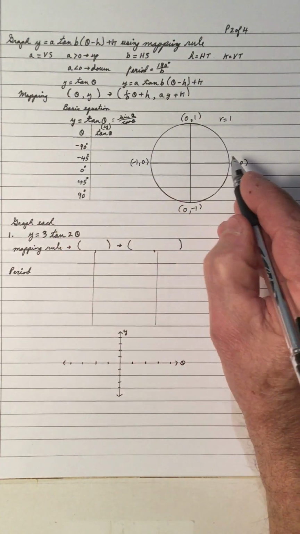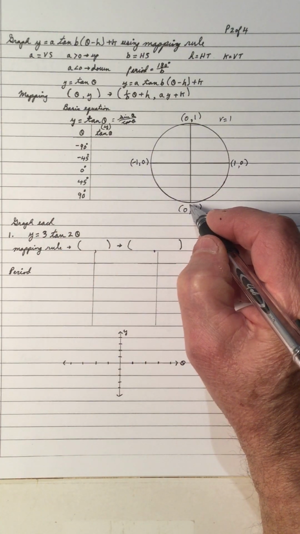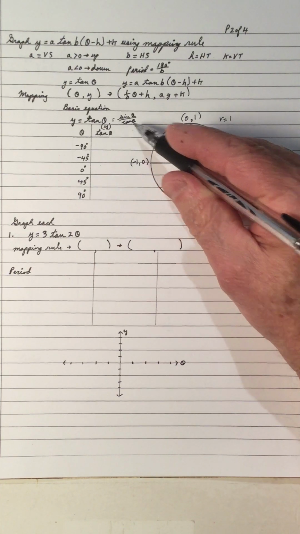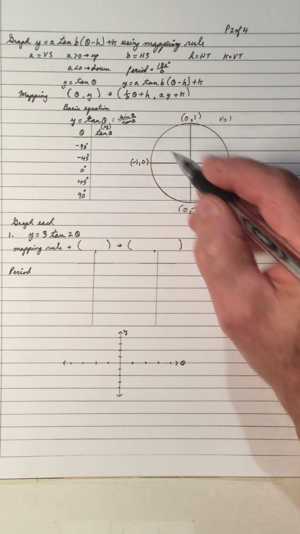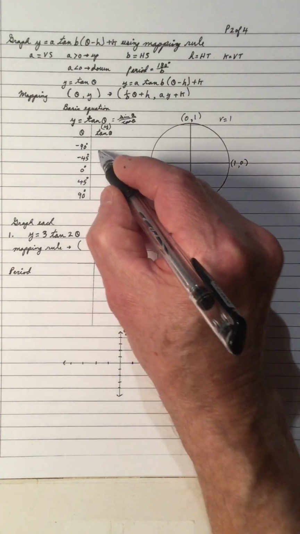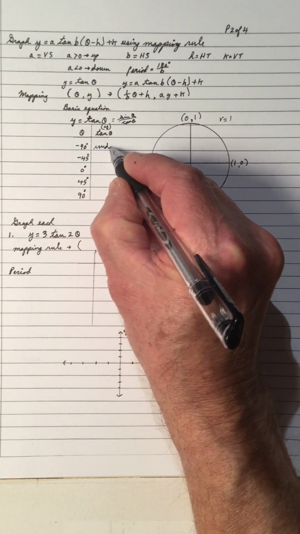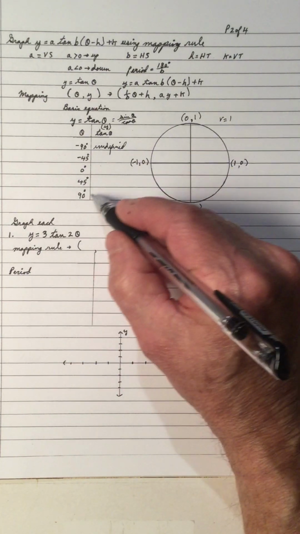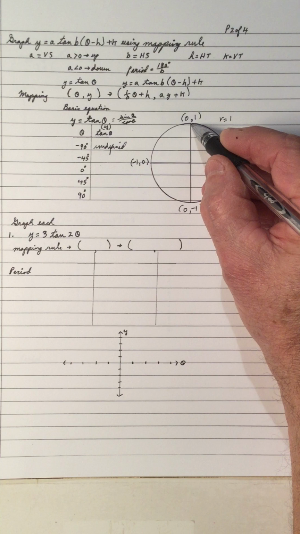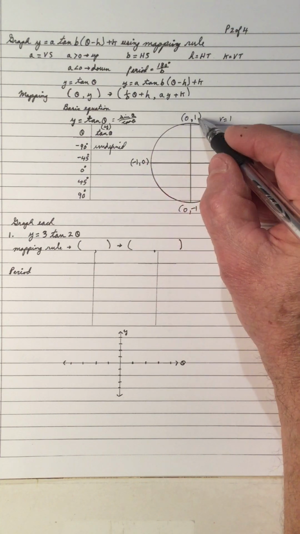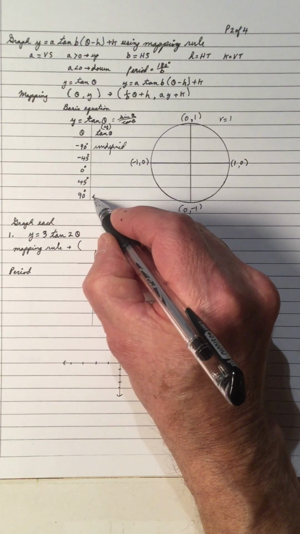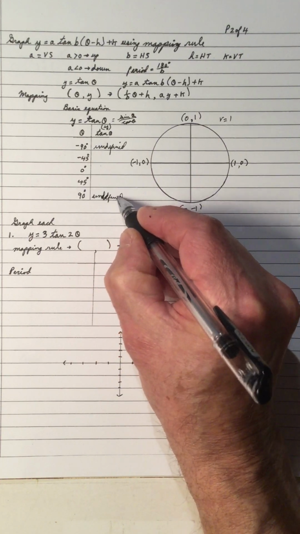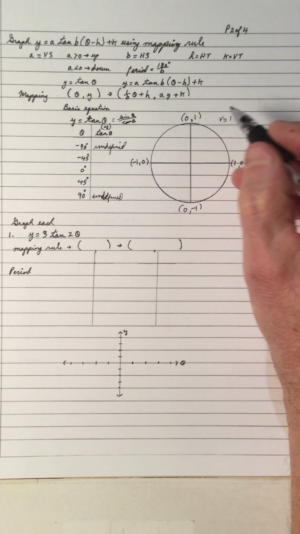At negative 90, which is right here, tan is sine over cos, which is y over x. We get a negative 1 over 0, which means it's undefined. And at 90, which is up here, sine over cos is 1 over 0, and again is undefined. So it is undefined at negative 90 and 90.